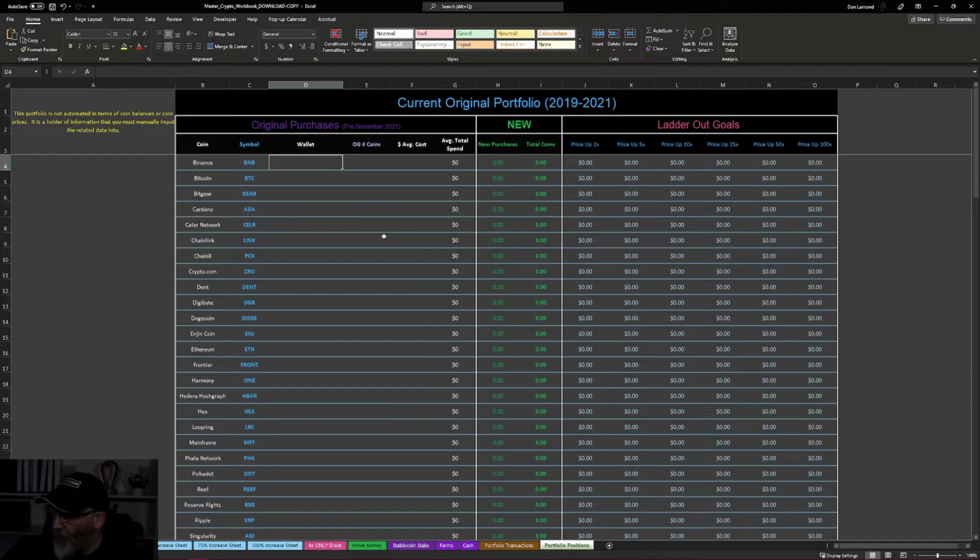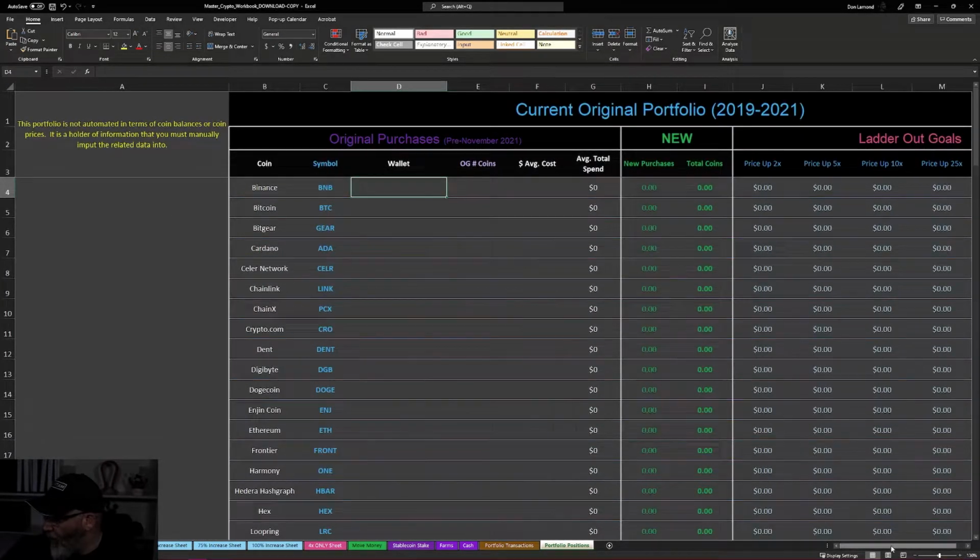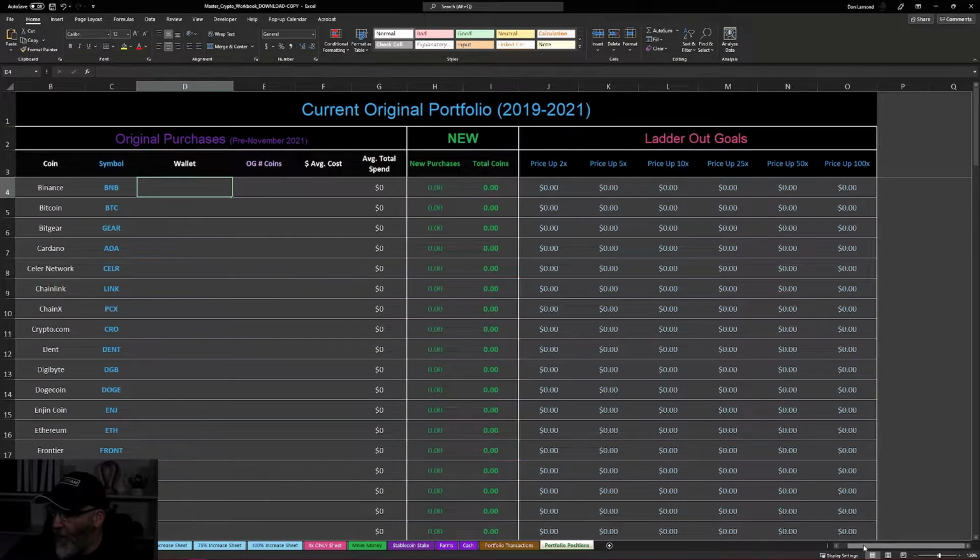So portfolio positions, if you will, what I'm talking about here. And as I get to each sheet, I'll pump them up a little bit. You can see this portfolio is not automated in terms of coin balances or coin prices. It's a holder of information that you must manually input the related data. Over other sheets I've done where I've done auto retrievals and all that kind of stuff, I left all that out this time.